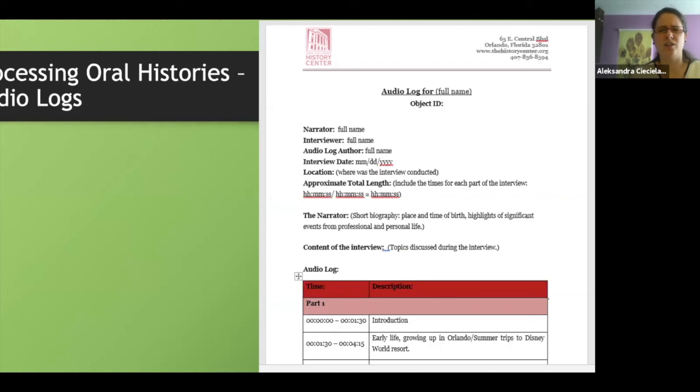However, there is a lot of content about other things as well, and a lot of those interviews can be used for research completely unrelated to the Pulse shooting. So it's good to highlight anything that is outstanding in the narrator's biography, because we don't really know what kind of research it's going to be used for in the future.